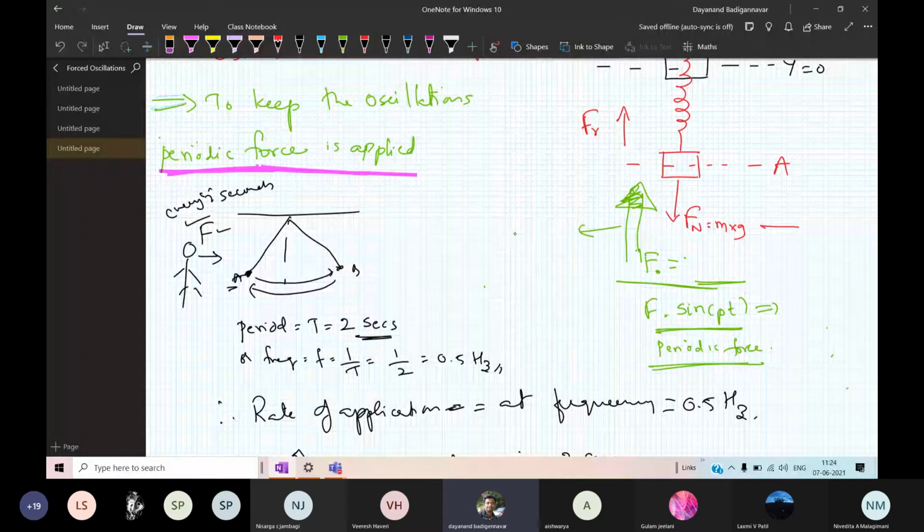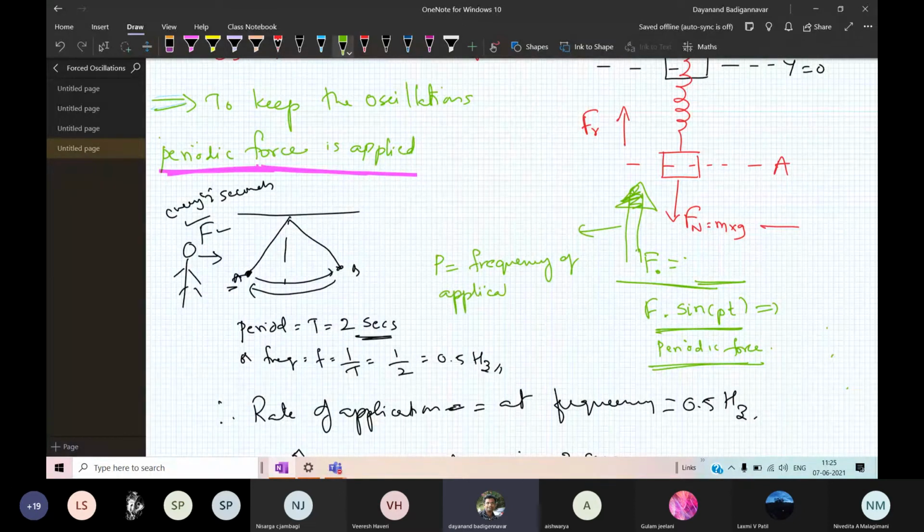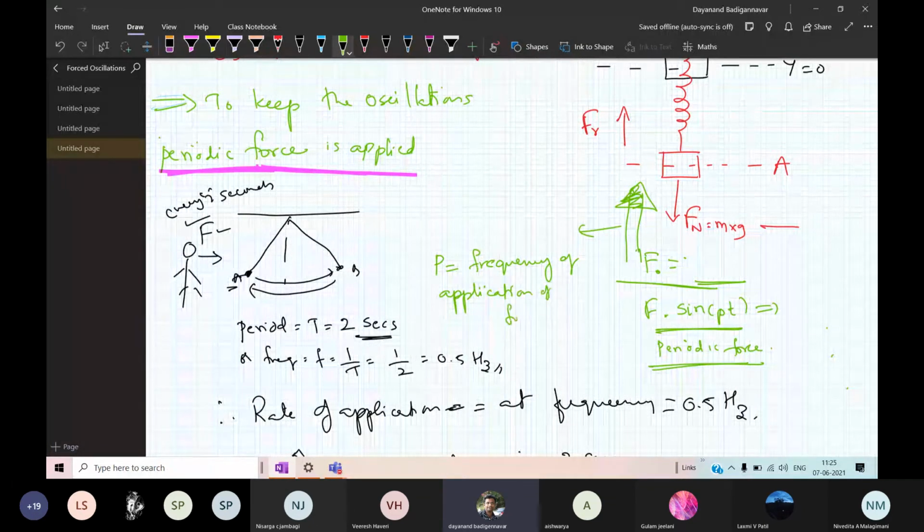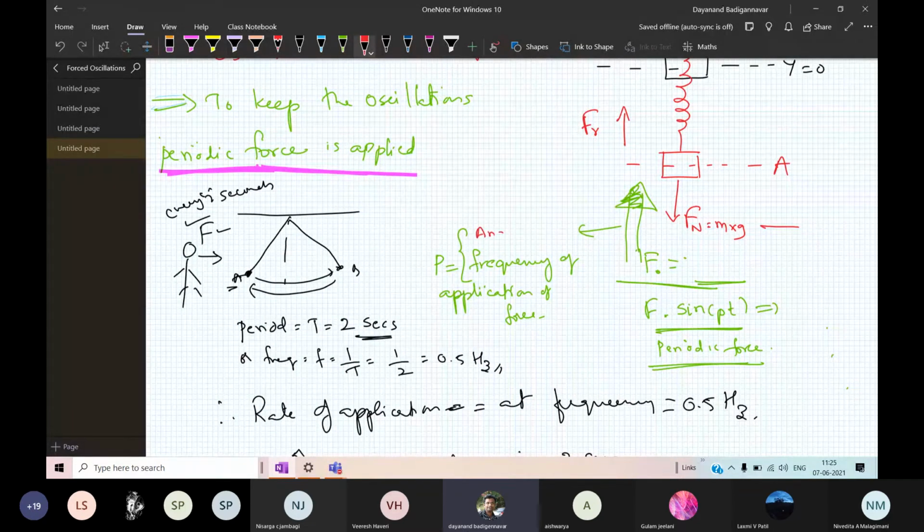P little. P is nothing but the frequency. Frequency of application of force. More specifically, it is the angular frequency of application of force.